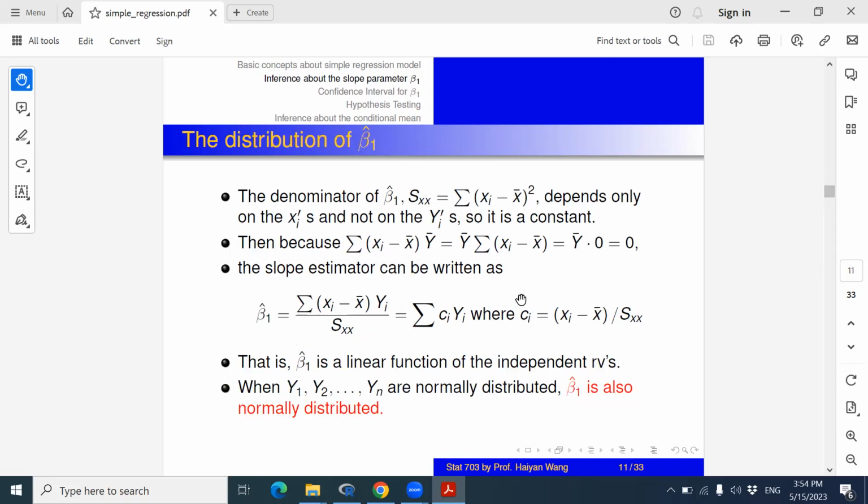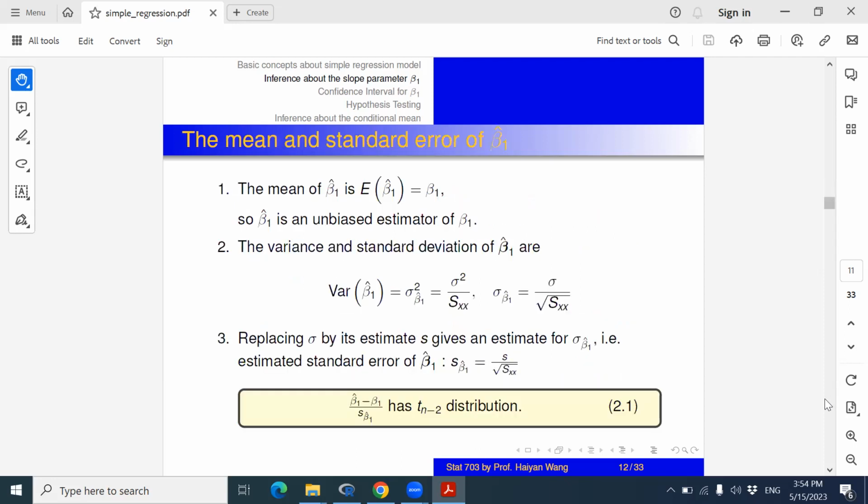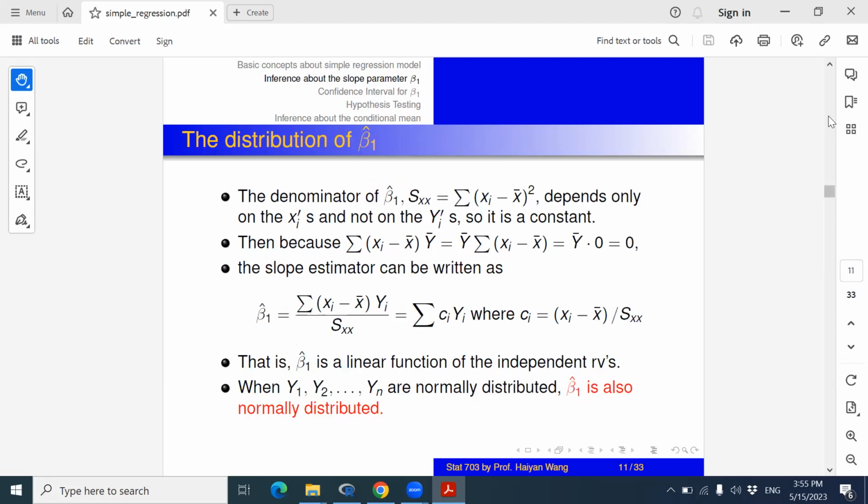So if you put in the expected value of yi, which is beta, you will find that the expected value of beta 1 hat is just equal to beta 1.